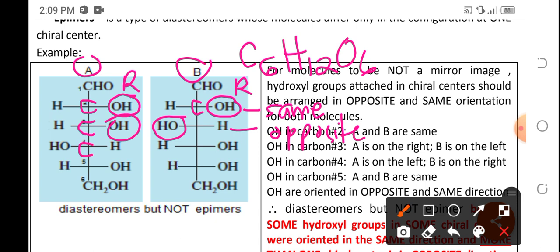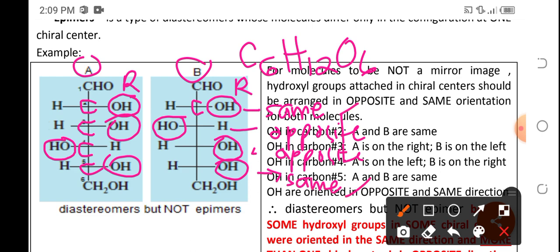The third chiral center's hydroxyl ion is oriented on the left for molecule A, while as for molecule B, it is on the right. So this is opposite. Okay? And the last chiral center, the hydroxyl is on the right, and same is true for the hydroxyl in molecule B. So this is same. Okay. So dahil may same at may dalawang opposite, okay, it is a diastereomer but not an epimer.